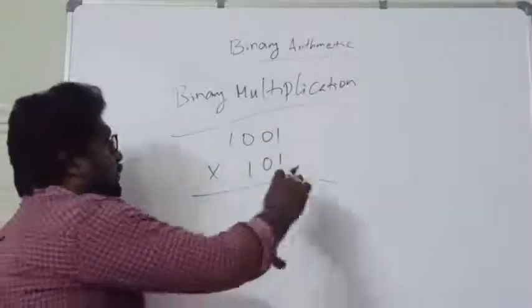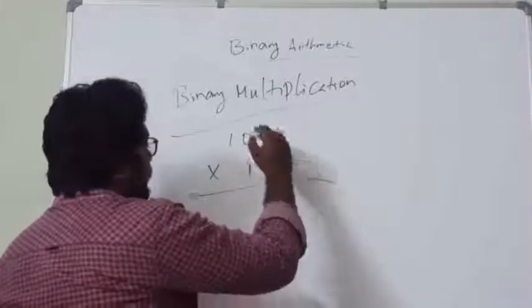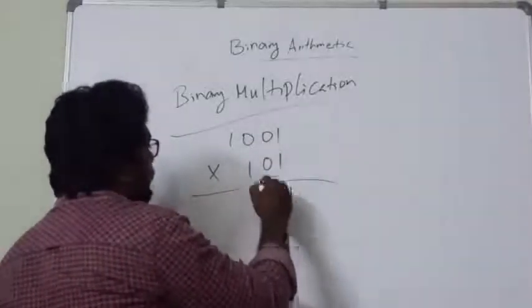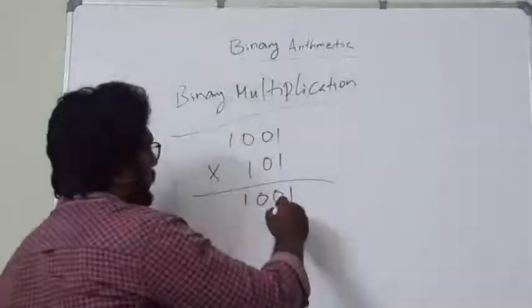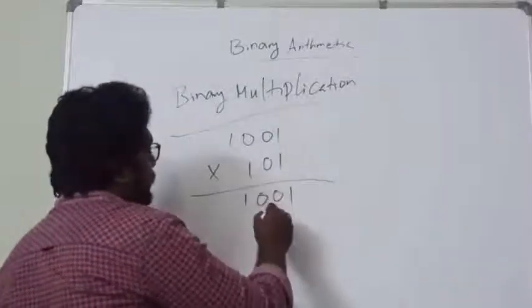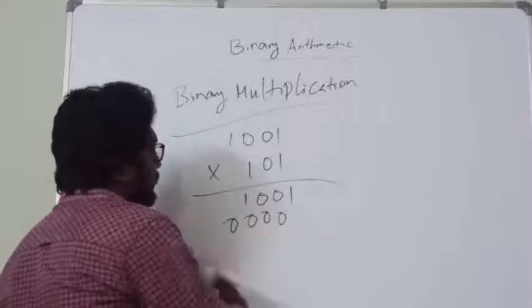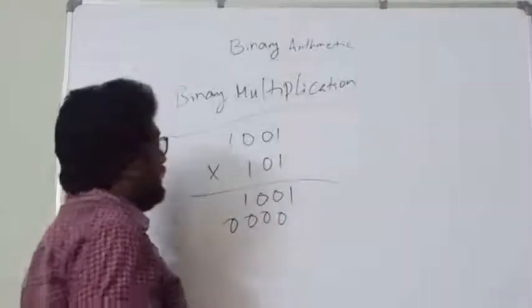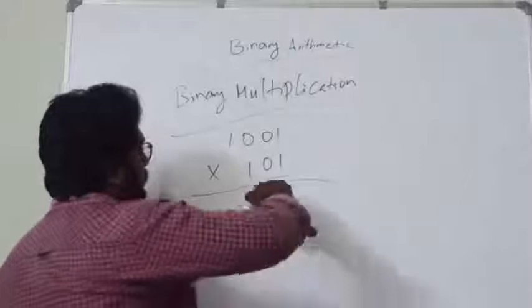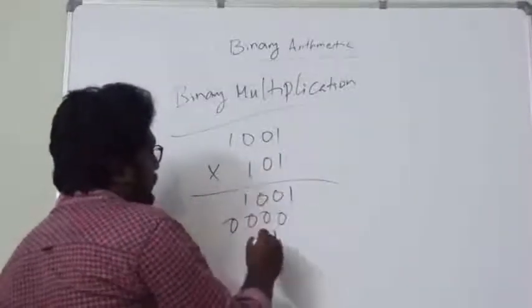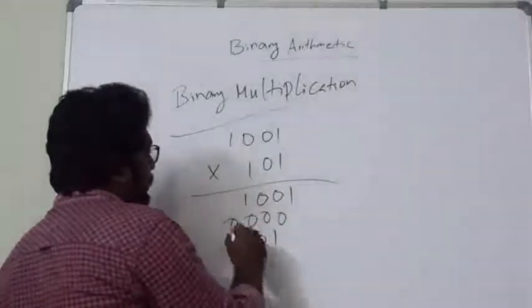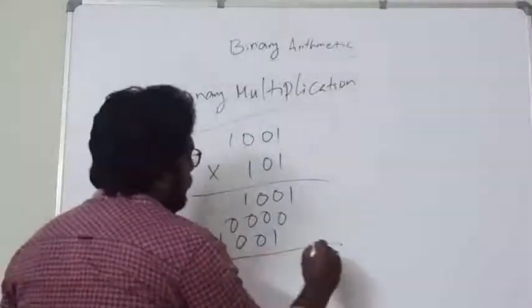right? So 1 into 1 will be 1, 1 into 0 will be 0, 1 into 0 will be 0, 1 into 1 will be 1. Next 0 into 1 will be 0, 0 into 0 will be 0, and everything is equivalent to 0. So now 1 into 1 will be 1, 1 into 0 is 0, 1 into 0 is 0, 1 into 1 is 1.